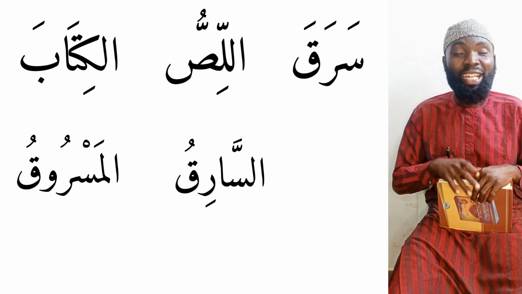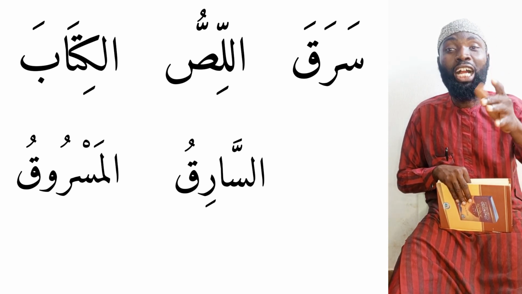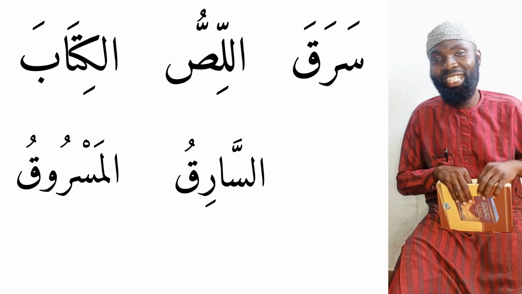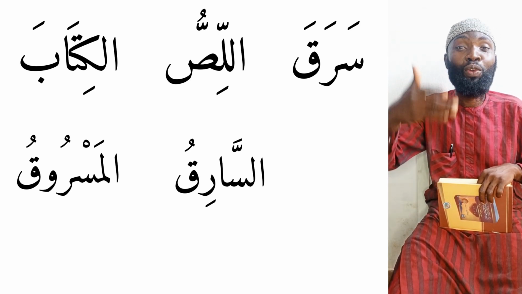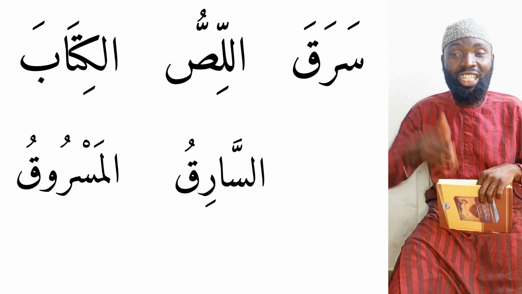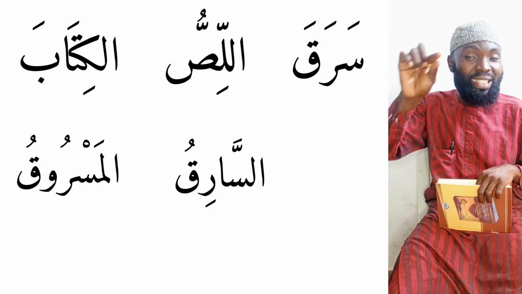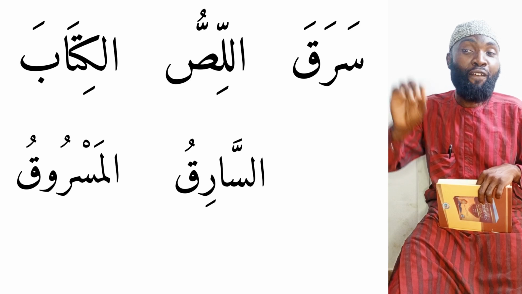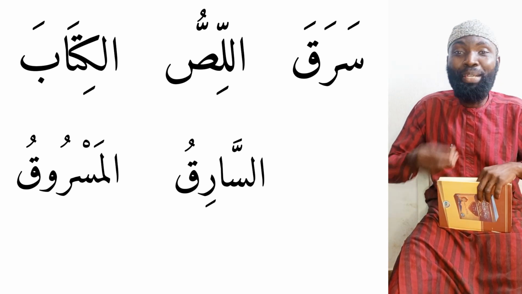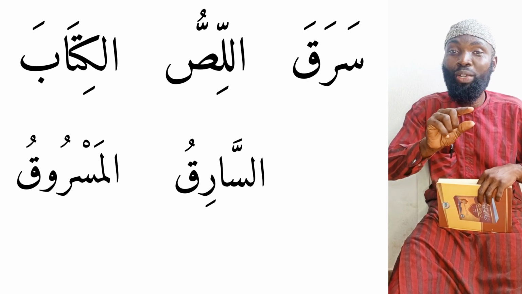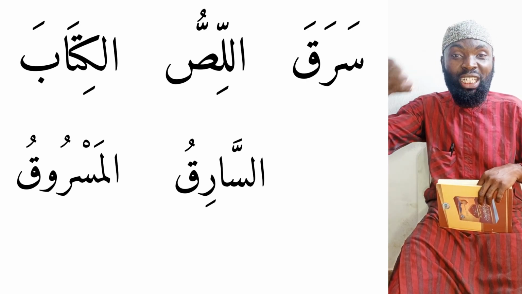Can I give you another word? Let me give you the word shakara. Shakara, he appreciated. Then shakirun, an appreciator, someone who appreciates. Now, from this same word shakara, we can form the passive voice, which is shukira, he is being appreciated. From this we get mashkurun, one who is being appreciated.